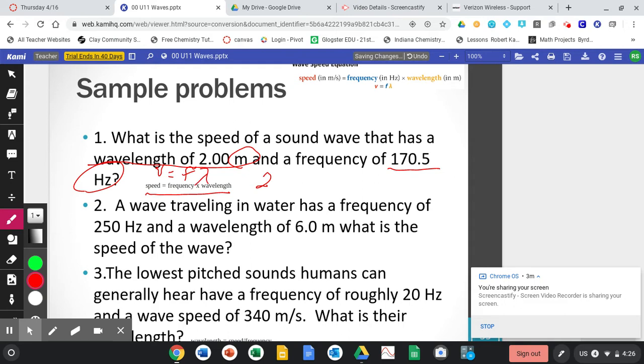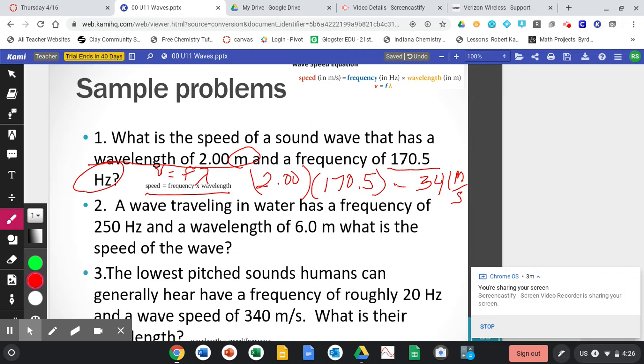And so I'm going to take 2 times 170.5, and I'm going to put that on my calculator. So 2 times 170.5 gives me 341 meters per second as my final answer.